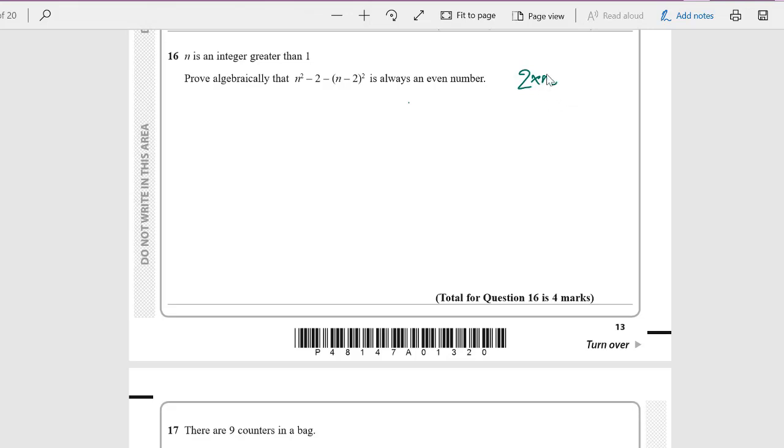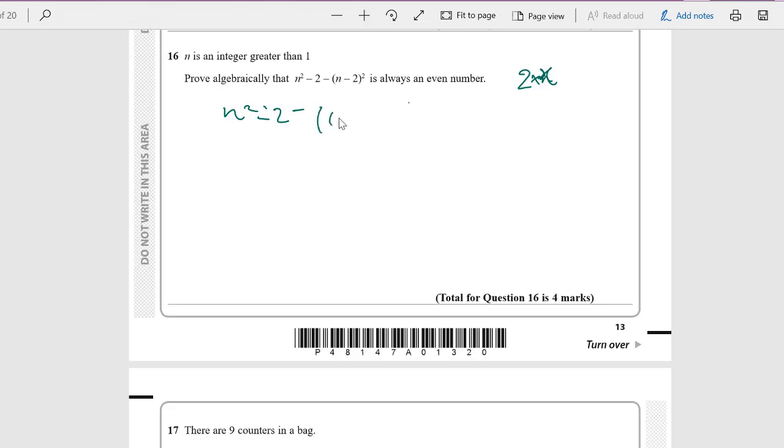So we want to show in this particular case that we're going to have 2 times some x, and we want to essentially derive that form from this expression here. So let's go about thinking how we do that. So n squared minus 2 minus, and I'm going to expand this.